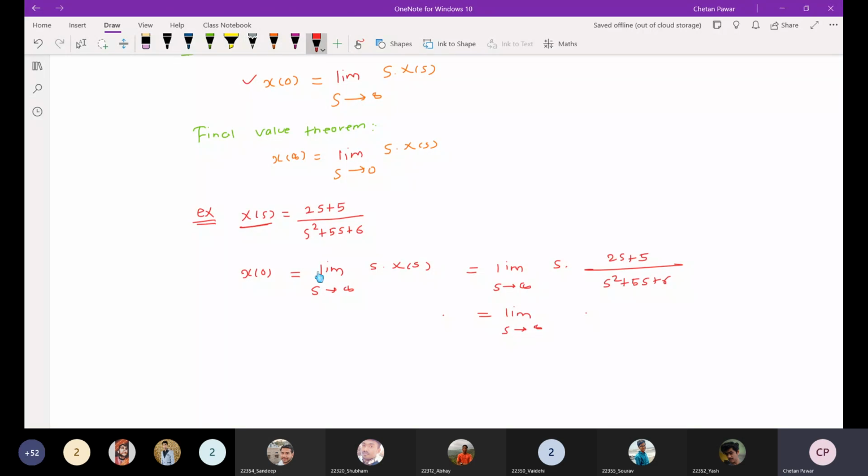If you take s common, that will be s square into (2 plus 5 by s) over s square into (1 plus 5 by s plus 6 by s square). This s square will get cancelled out, and if you put s equal to infinity, this value will become 2. So the initial value of this particular signal in the time domain is 2.